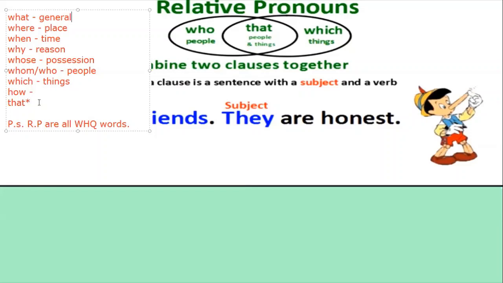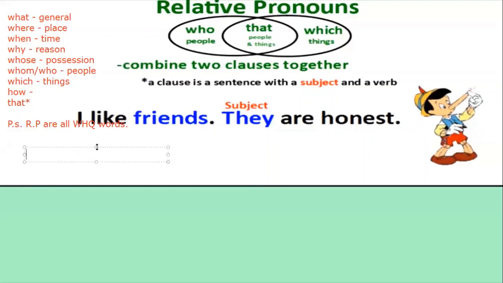I mean, we speak about it in general. Like, for example, I like what you are saying, right? Take a look at here. I'm going to write it down here.